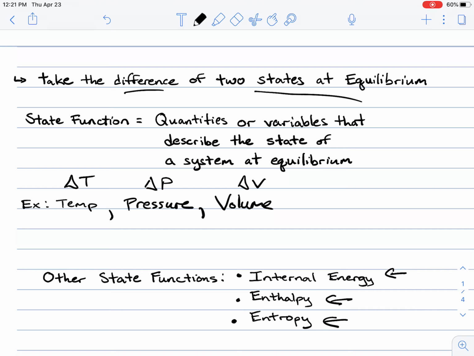So we can look at it in terms of the perspective of internal energy, enthalpy, and entropy. And we're going to understand how these other state functions will enable us to understand why some chemical reactions are spontaneous in the forward direction or the reverse, or non-spontaneous in the forward direction or the reverse.